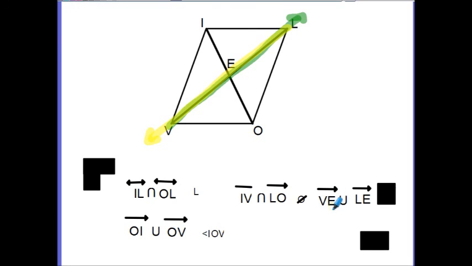So we want not only where it overlaps, which is in between points V and L, but also the parts that don't overlap, where it's just one color or the other. And when we look at that, it goes in one direction forever in yellow, one direction forever in green, plus a common overlap. Two directions forever mean that that's going to be a line. So the union for this is going to be line VL or line LV.